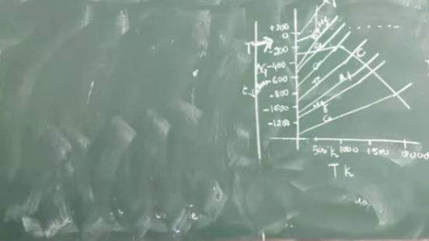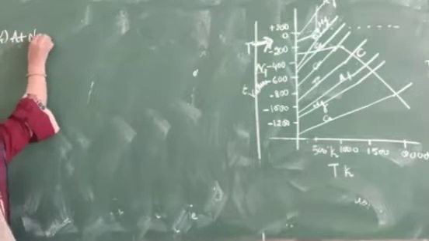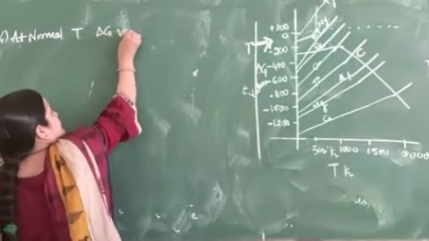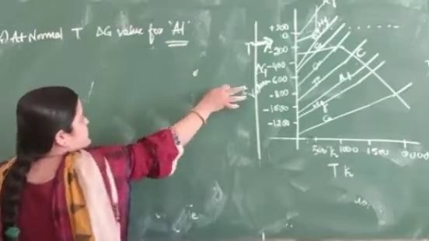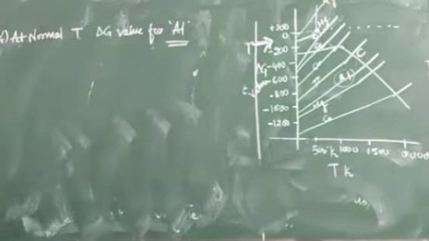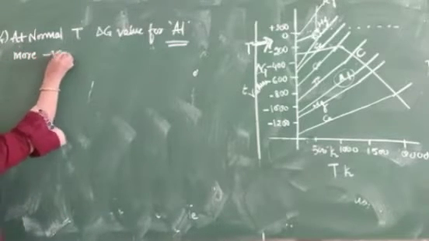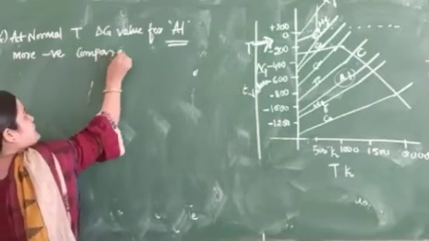Now the fourth one. At a normal temperature, delta G value for aluminium, Al, is more negative as compared to Cr.